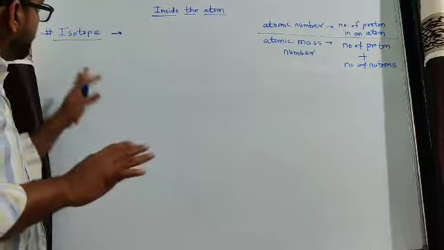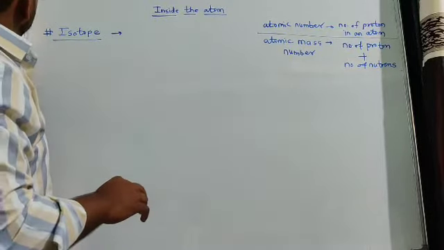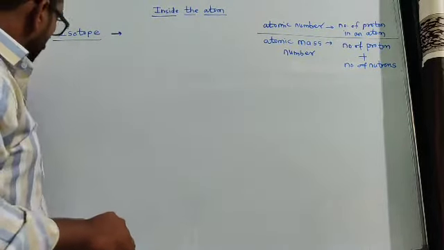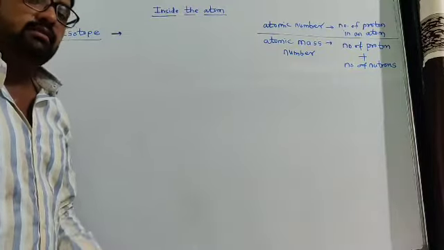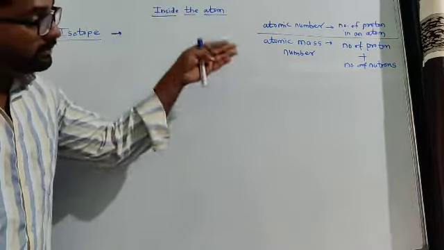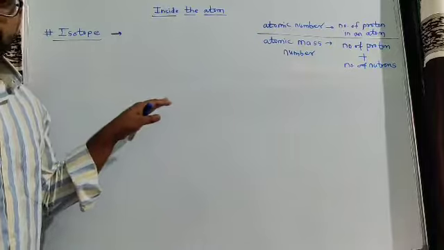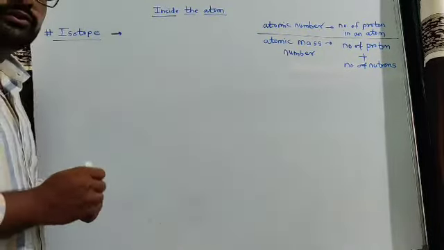Now today we have to see this concept, which is the isotope. Why am I telling you this? Because we have to use that previous knowledge in this concept. So what are isotopes?